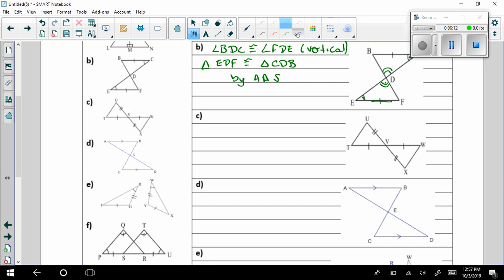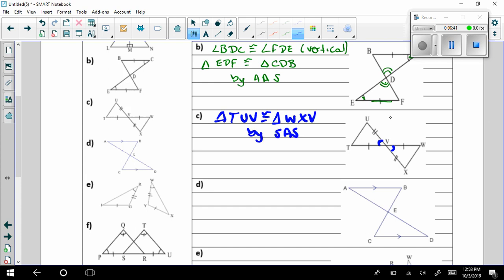And then just continuing on here, we do the same thing here. Notice this is now our included angle. So we have the side and angle and then a side. So these triangles, so TUV is congruent to WXV by side angle side.